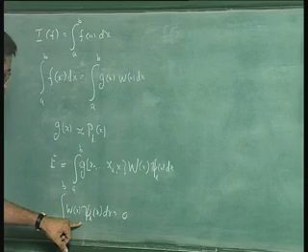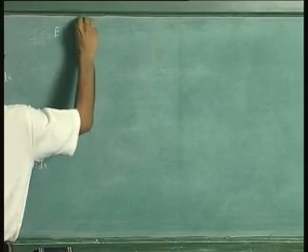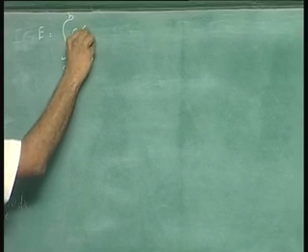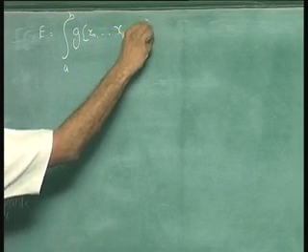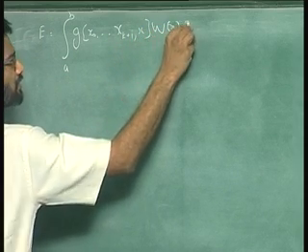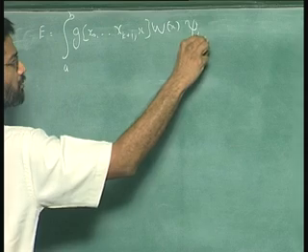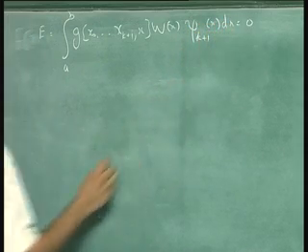So from here we will continue and write the error as the integral from a to b of g[x0, ..., xk+1, x] w of x psi_{k+1} of x dx, equal to 0.